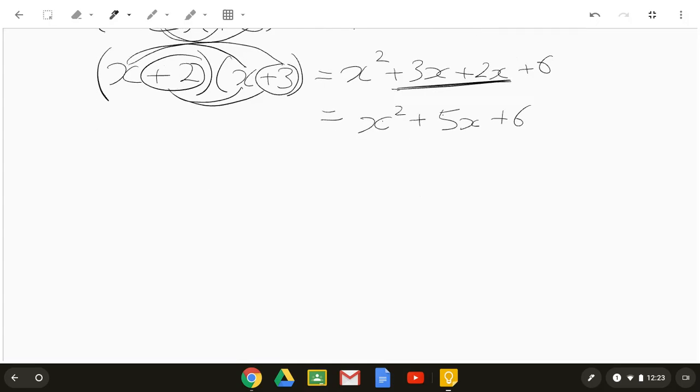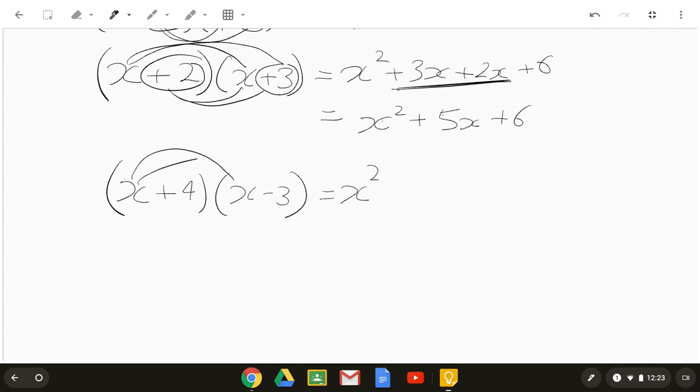Let's look at one with a negative in it. x plus 4 and x minus 3. We just have to be careful. Same process, we just be careful with that negative. So x times x is x squared. x times minus 3 is minus 3x.